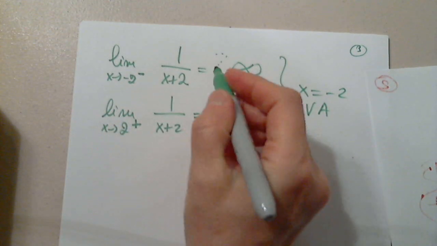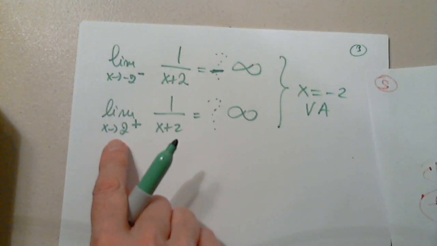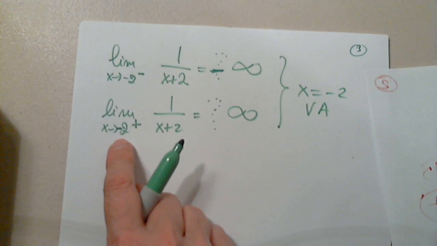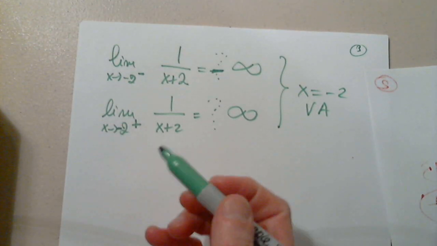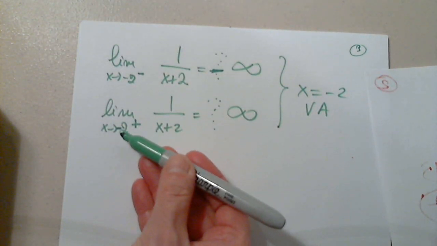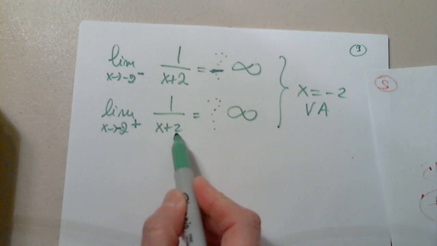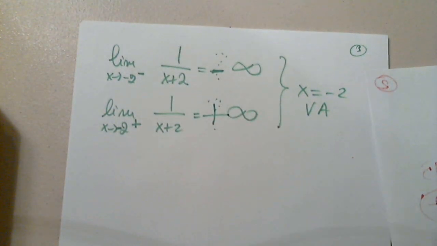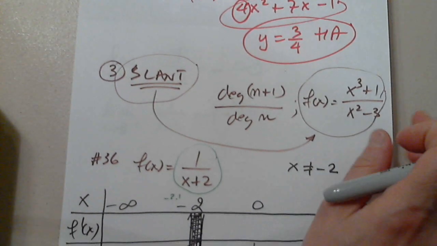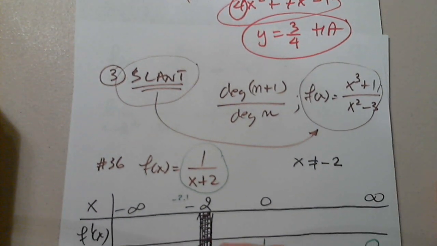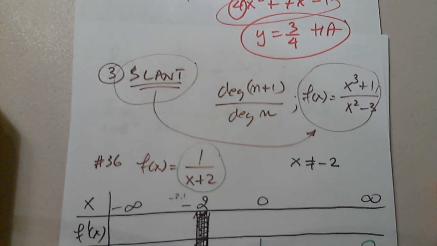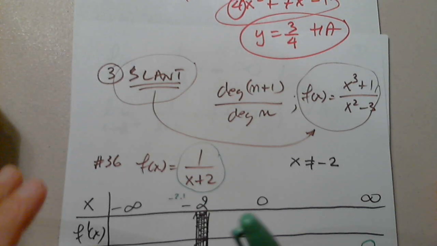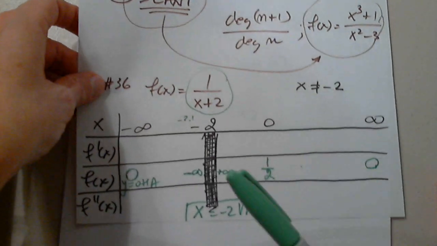Exactly. Now with negative 1.9 plus 2, positive. That's it. That's all I needed. Negative infinity, positive infinity.